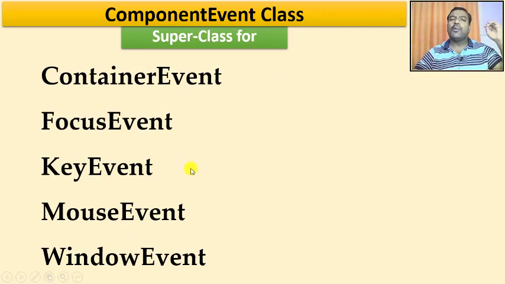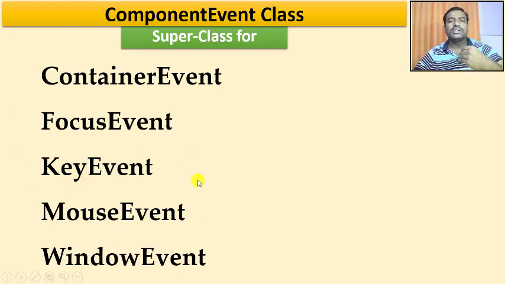Now when I talk about the component event, remember this is going to be the superclass, either directly or indirectly, for all these classes: the container event, the focus event, which I will discuss later, the key event, the mouse event, the window event.